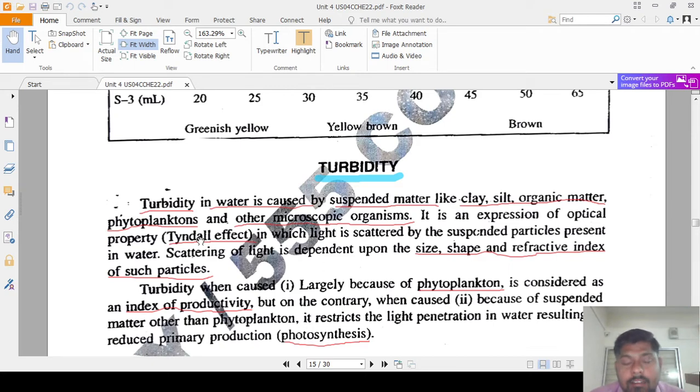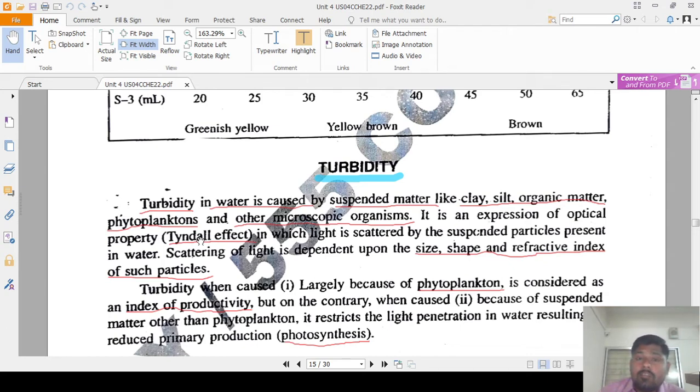One topic is there, colloidal solution. In that colloidal solution, the topic is the Tyndall effect. But here, what is the Tyndall effect? A Tyndall effect means when a beam of light is incident on a particle, the scattering of light is observed because of that particular particle.